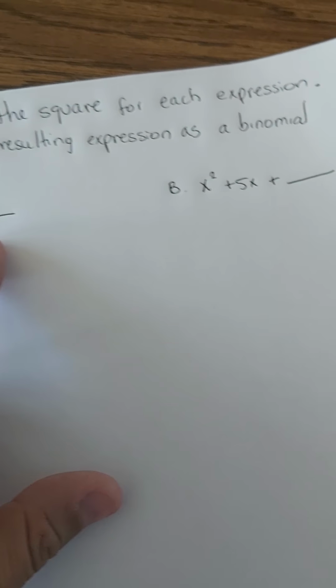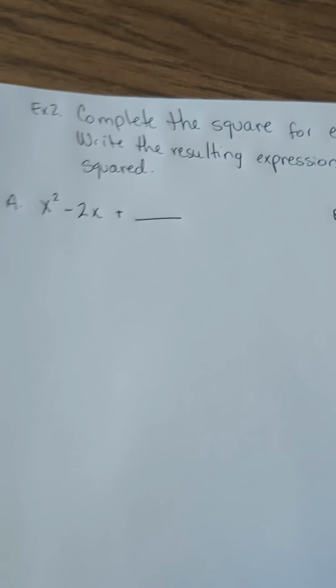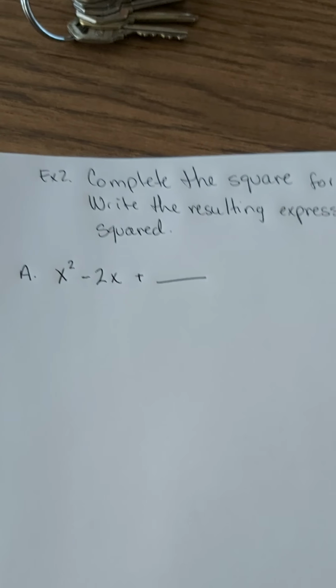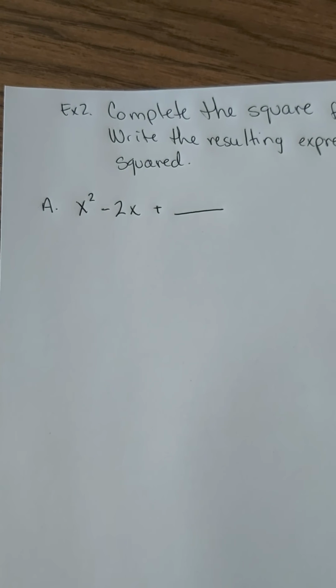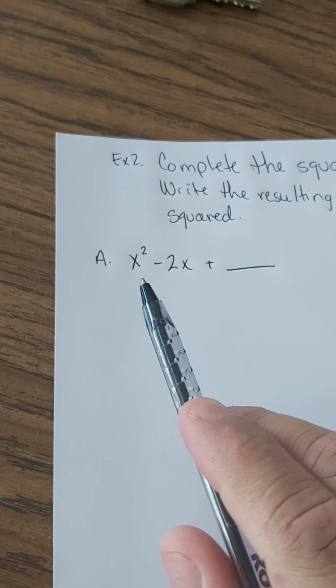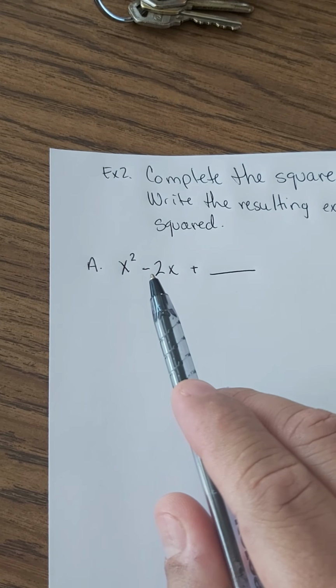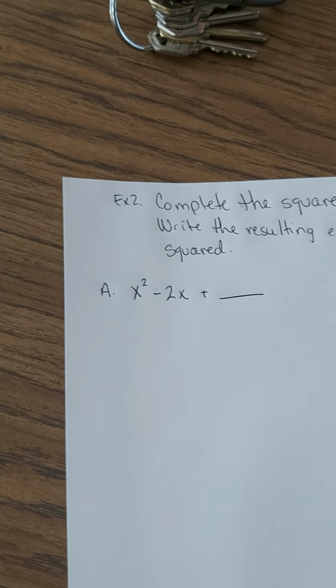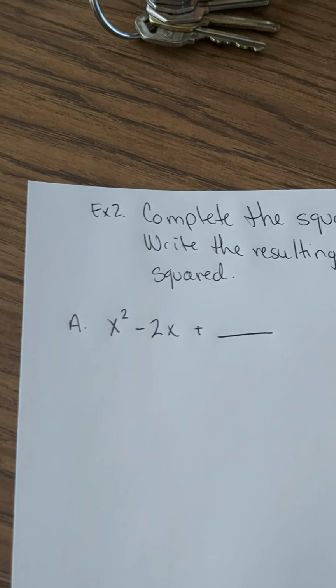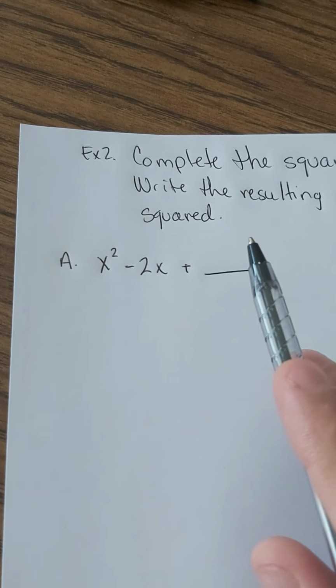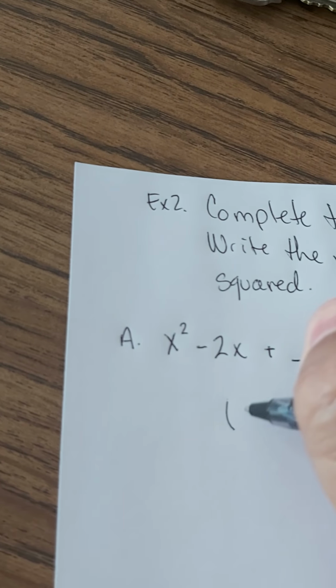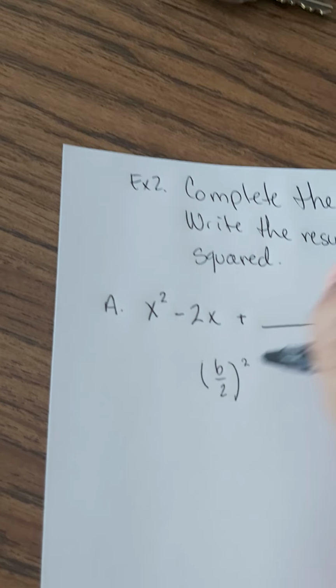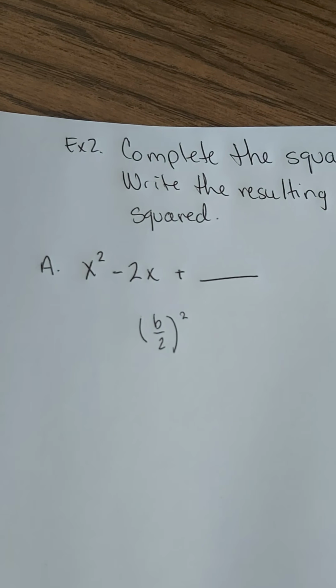Let's find this value. Okay, so we have x squared minus 2x, we have the form ax squared plus bx, and we have to find the value of c. So remember, to complete the square, we have to find half of b squared.